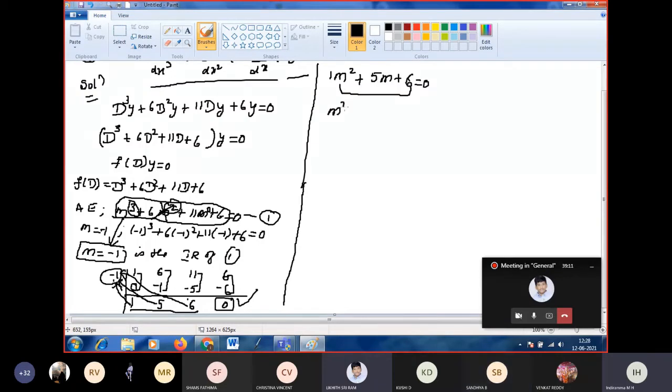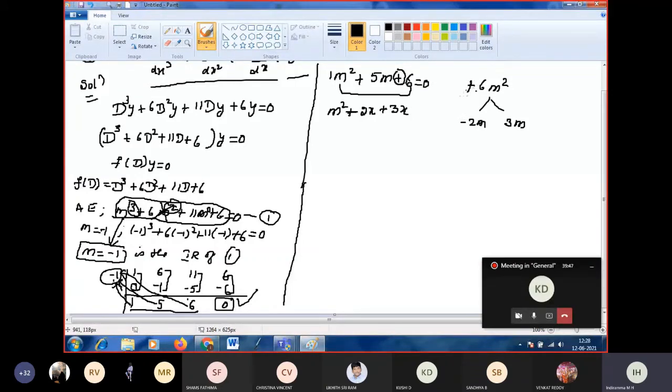Minus 2 and minus 3? Minus 2m into minus 3m gives plus 6m square, but the middle term must be plus 5m, so take plus 2m and plus 3m, not minus.